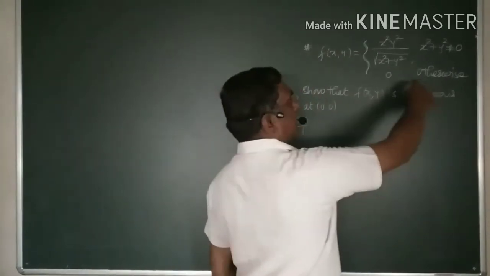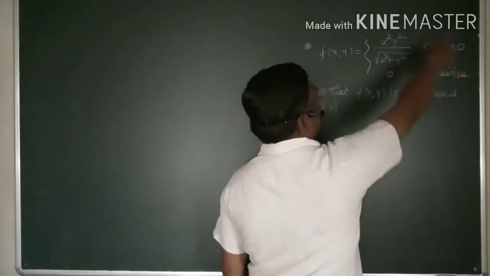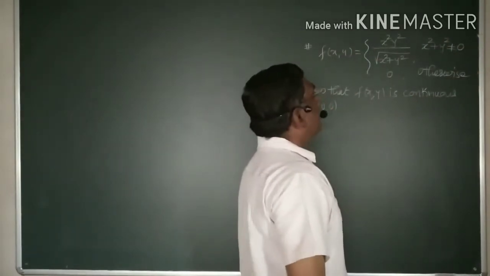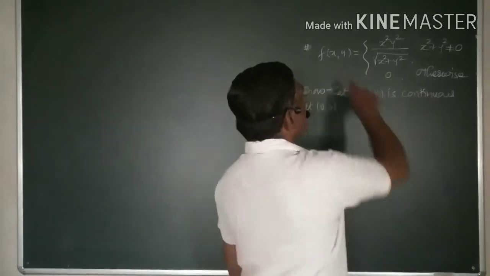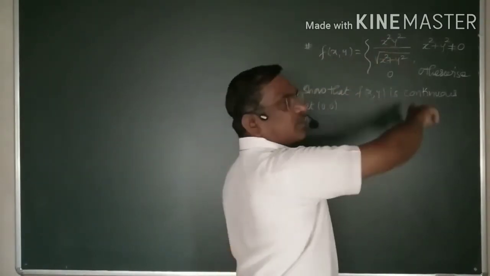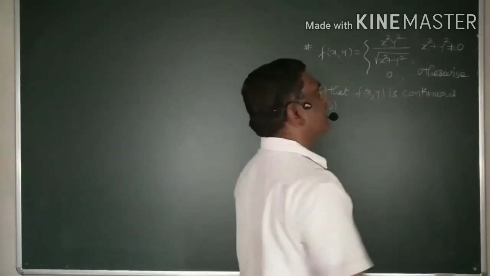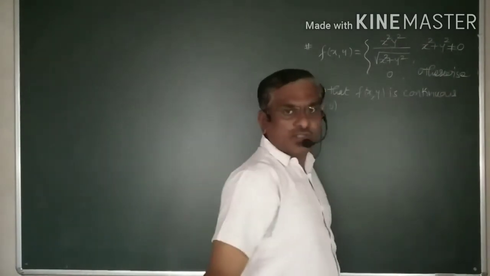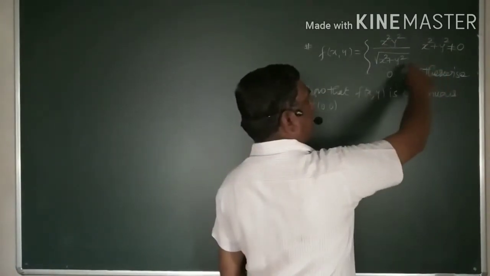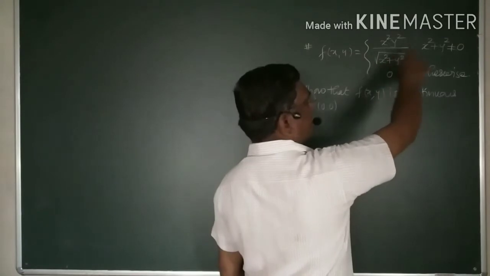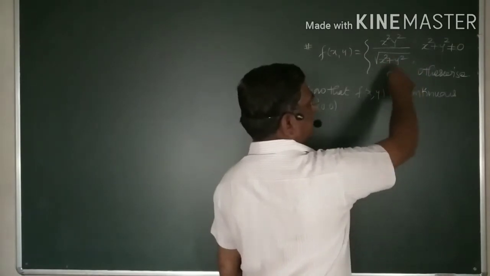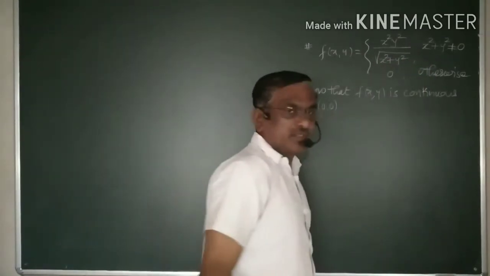Here try to understand the language of this definition of the function. f(x, y) is equal to x squared into y squared over root of x squared plus y squared if x squared plus y squared is not 0, and at all other remaining points the value of f(x, y) is 0.